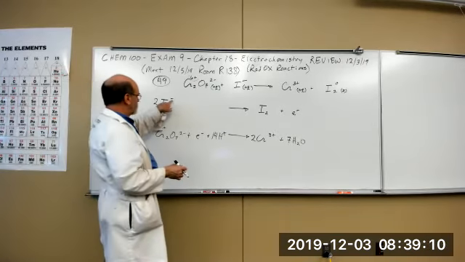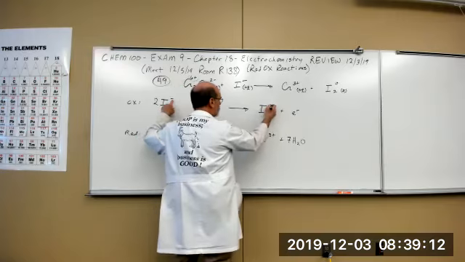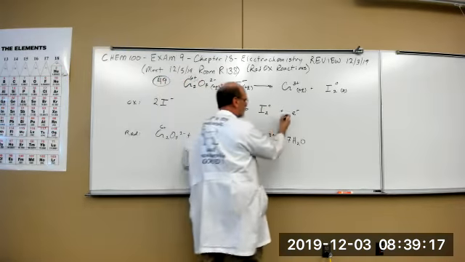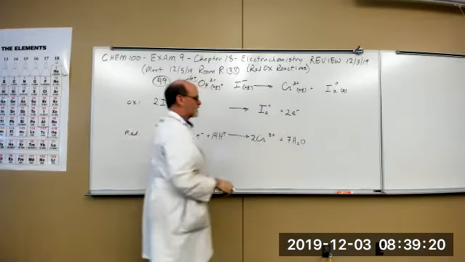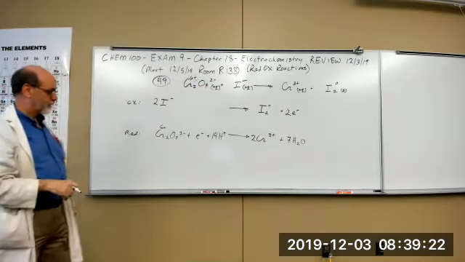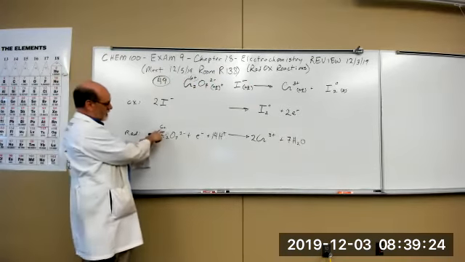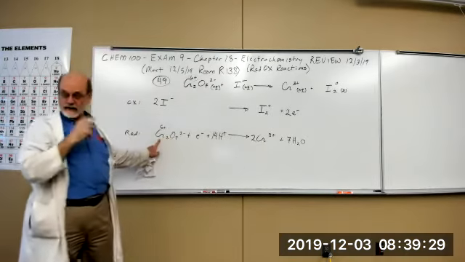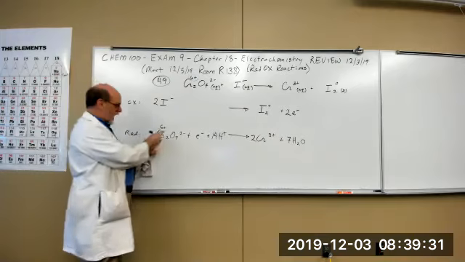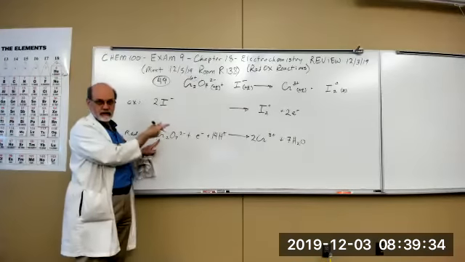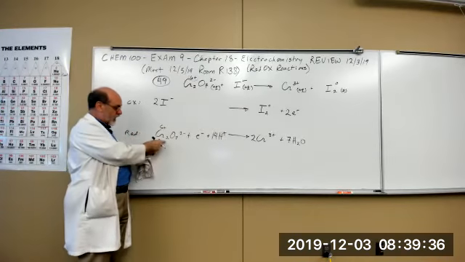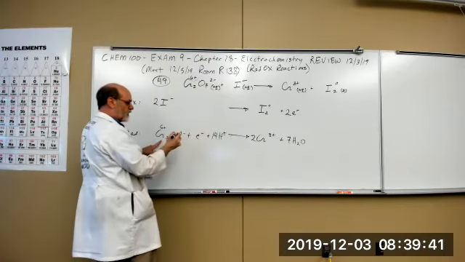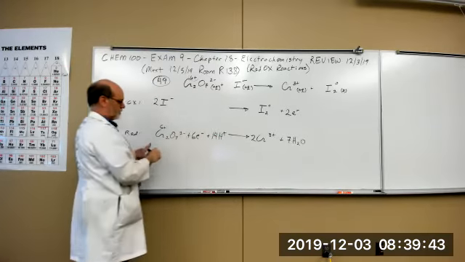If we went from a -1 to a 0, that's 1 electron. Well, we've got 2 of them. So we actually end up with 2 electrons on that side. On this side, we went from a 6+ to a 3+. So that's 3 electrons. Add 3 electrons to that 6+, and you get a 3+. But we have 2 of these also, so that means we don't add 3 electrons, we add 6 electrons.